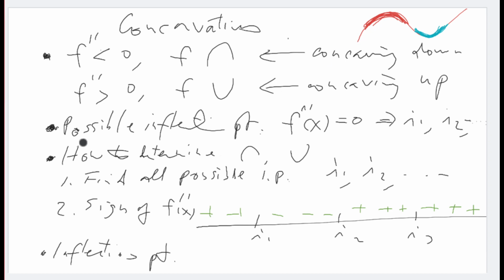To do that, we first learn what we call possible inflection points. We set the second derivative to 0 and solve, and find I1, I2 as solutions. These are what we call possible inflection points. This is like a definition of a possible inflection point.